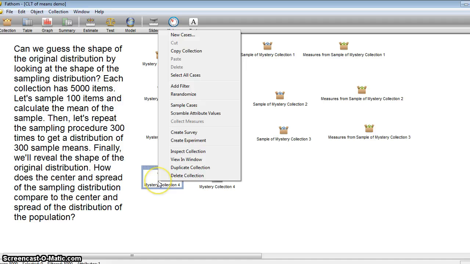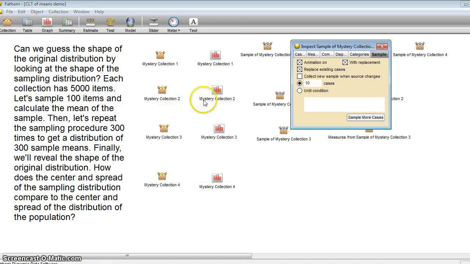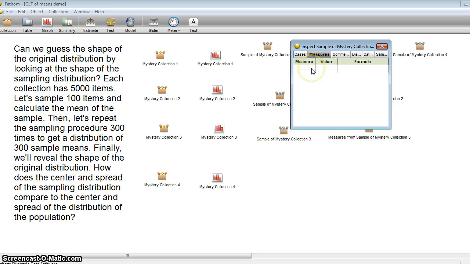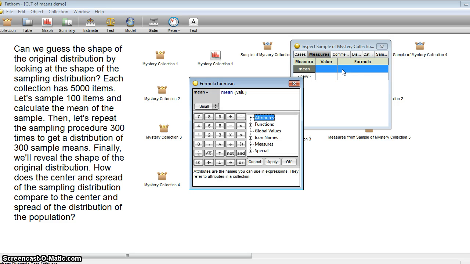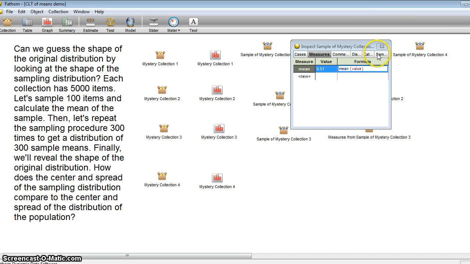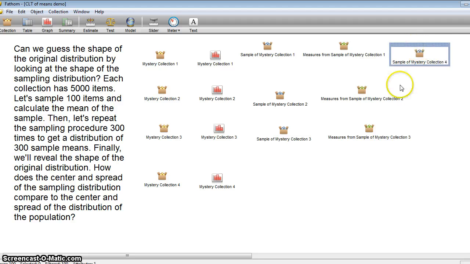We'll sample from that collection, but we don't want to sample 10 cases. Once again, we want to sample 100, and we're going to collect the means for each group of 100. And we are now going to collect our measures.